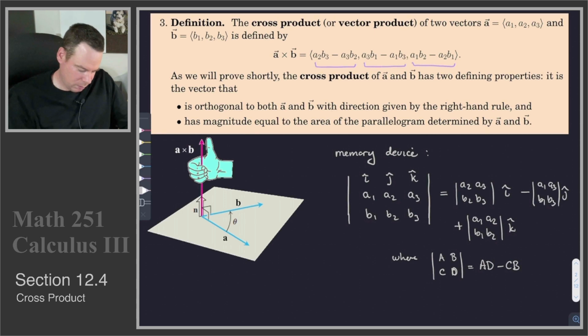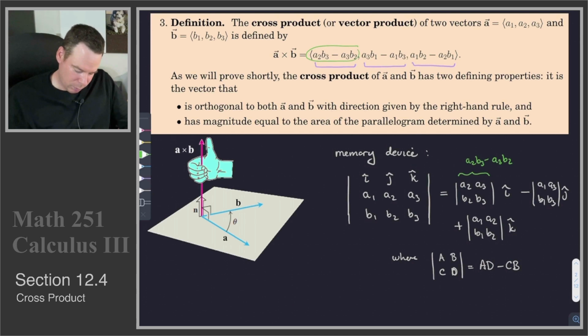And so that means this component here, we would get by multiplying a2 times b3 minus b2 times a3. So that is a2 b3 minus a3 b2. And that's exactly that first component.